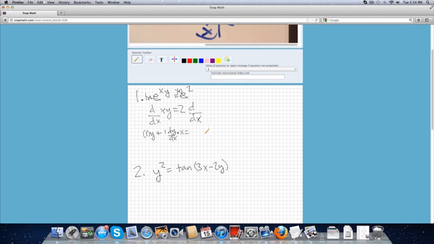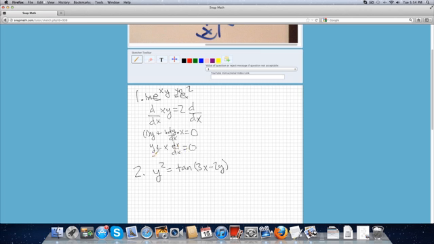And then the derivative of the other side is 0. Okay? So what we get here is y plus x times dy/dx equals 0.